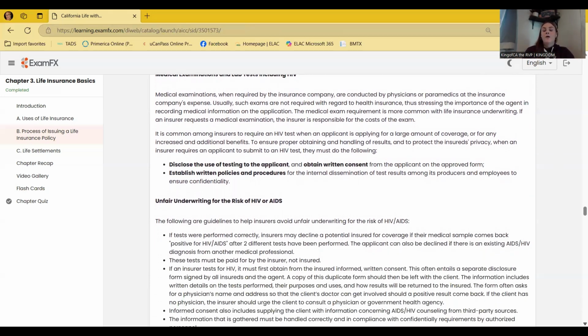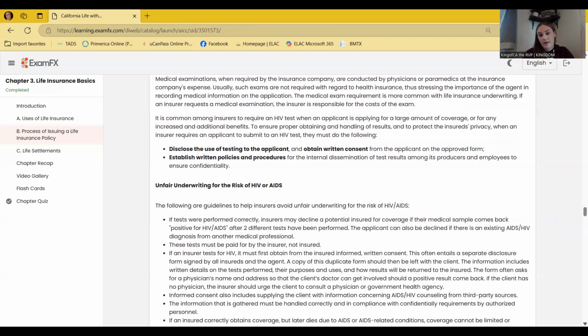Now, when it comes to HIV testing, every state is different. Here in California, everyone gets tested. It's part of the blood work. If they run blood work on you, they're testing you for HIV. And they do not need to tell your physician about it.